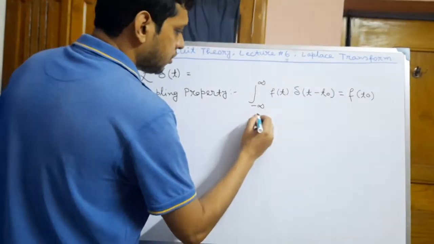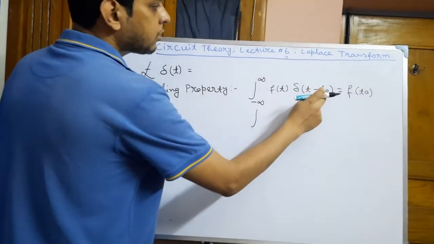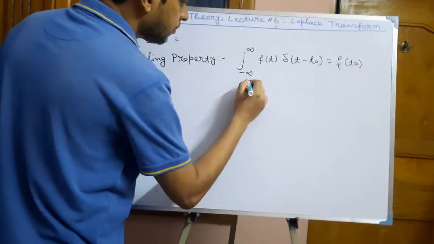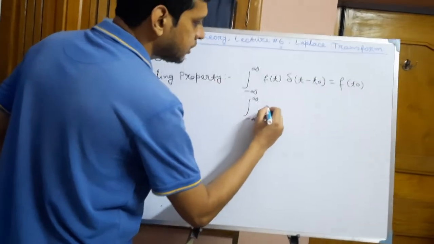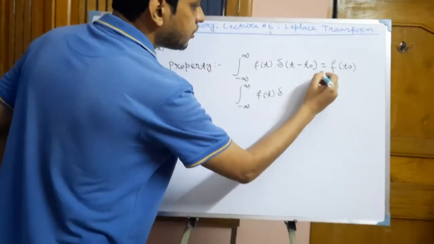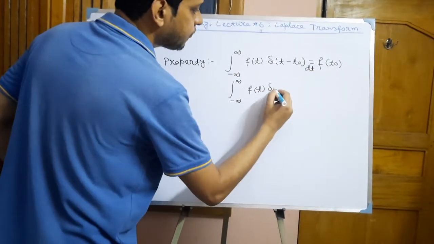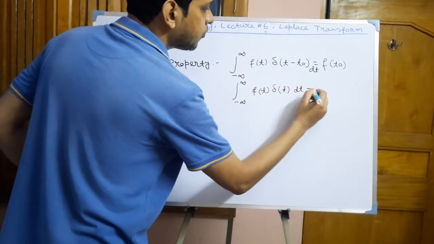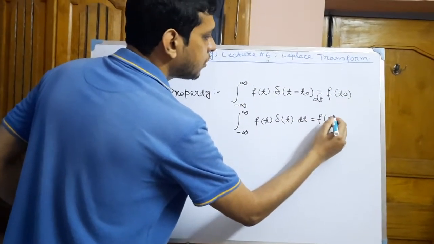Or if we make t0 equal to 0, then the integration from minus infinity to plus infinity of f(t) delta(t) dt equals f(0).